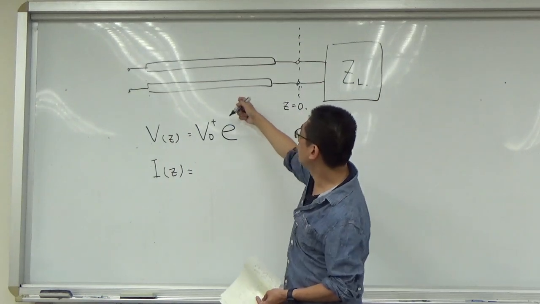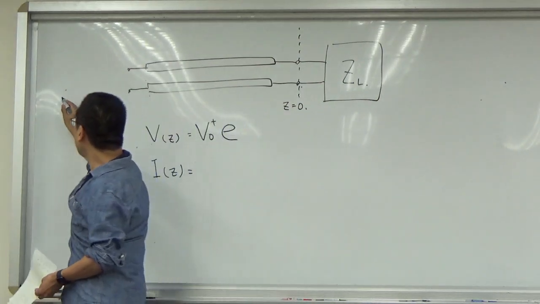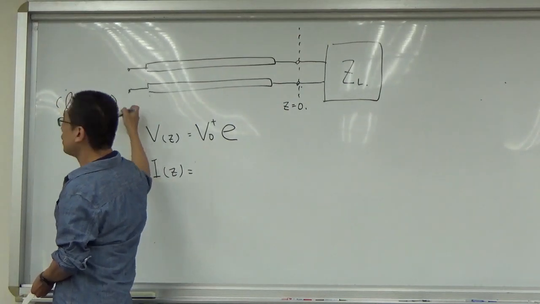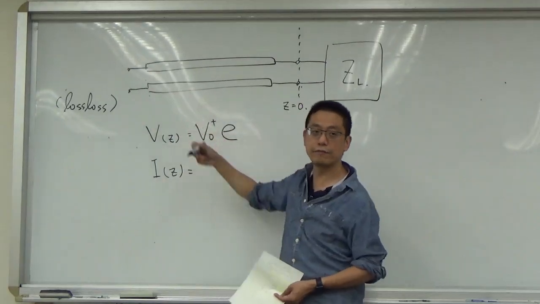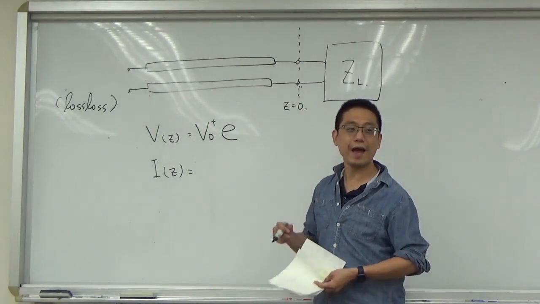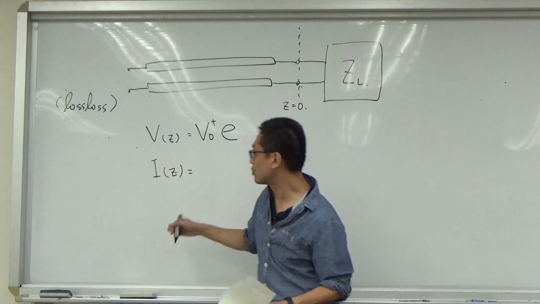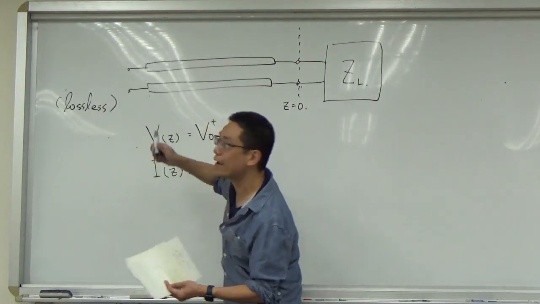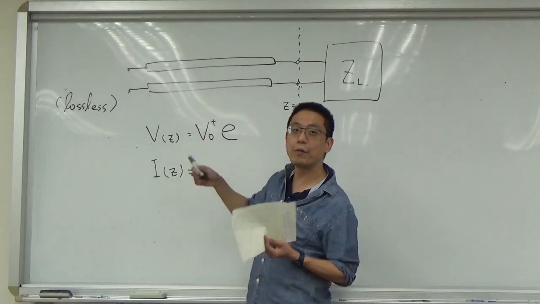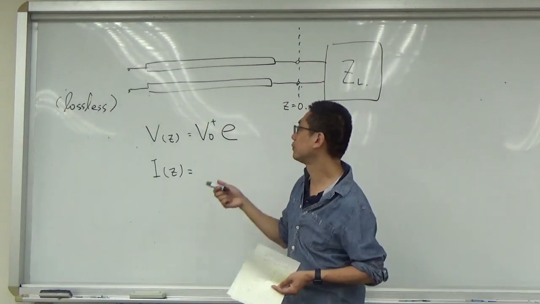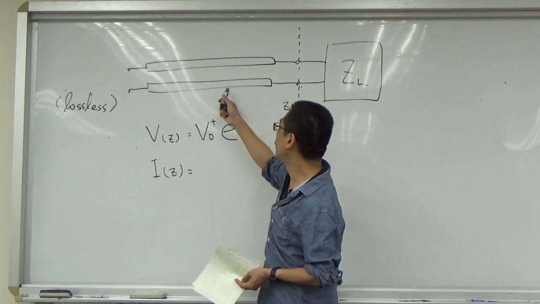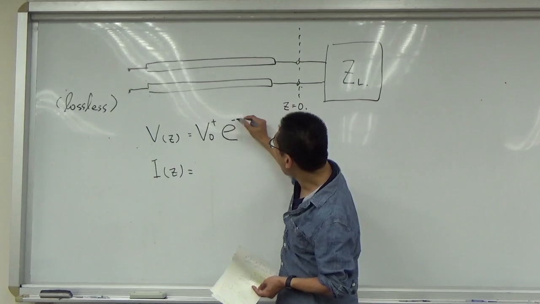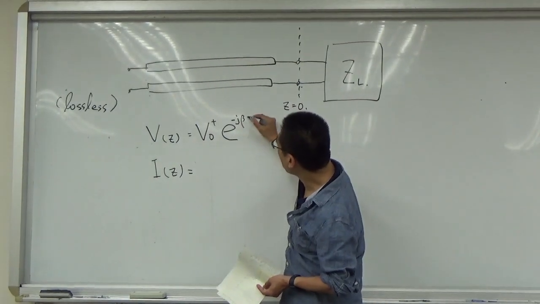exponential. If this transmission line is a lossless transmission line, because your teacher is very kind. I ask you, lossless transmission line. So we want the simplest case of the transmission line, which is lossless. So it is exponential minus j beta z.